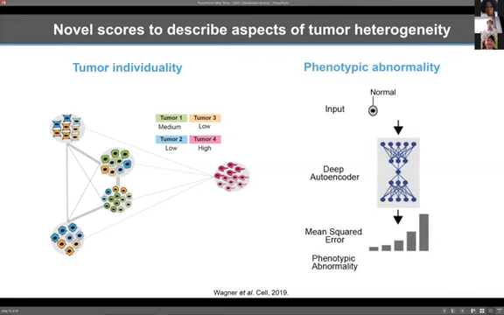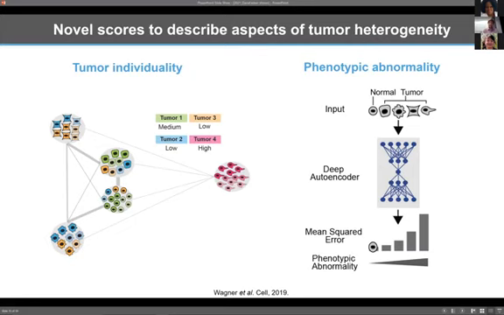The second measure that we developed is what we call phenotypic abnormality. And here we use the deep autoencoder, and we trained the autoencoder using the control normal breast epithelial cells. What we can then do is run, for example, a normal cell through the autoencoder, or we can also do the same with the tumor cells.